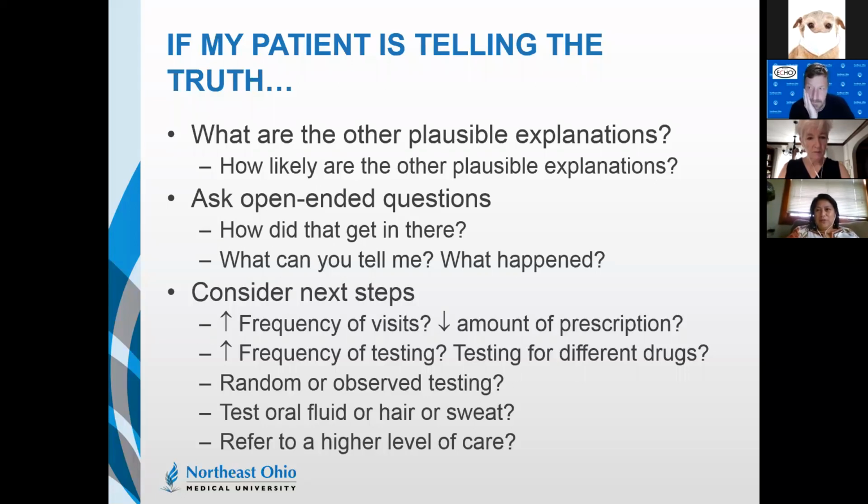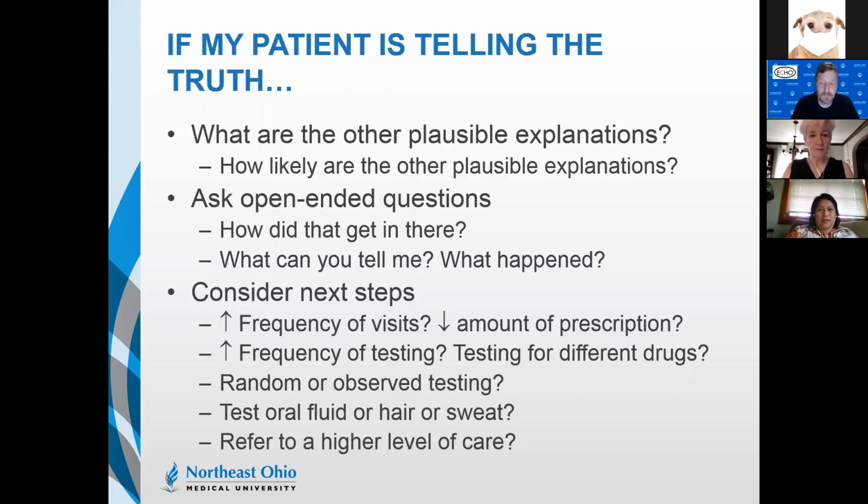Should I be observing your test? Should I be watching the pee go into the cup? Should I be using a different matrix, like saliva, hair, sweat? I mean, if you have that capability. And then finally, if the person continues to use and you've got them at a particular programming level, they just might need more intense care or a different level of care.